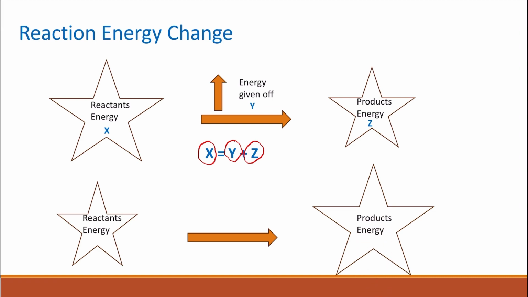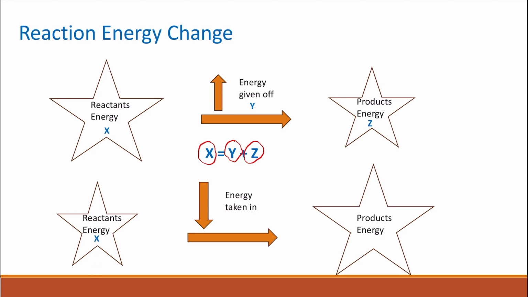The other case is when you have the reactant energy, then the reaction takes place, and then you have the product energy. In this case, this is the opposite. You can notice that the energy of the product is higher than the energy of the reactant. Then energy must be taken in from the surroundings so that the energy of the product can be higher than the energy of the reactant.